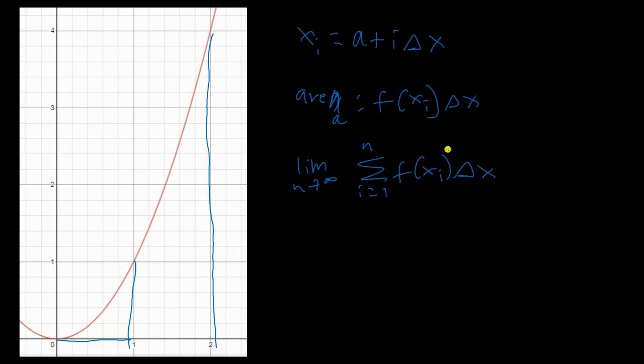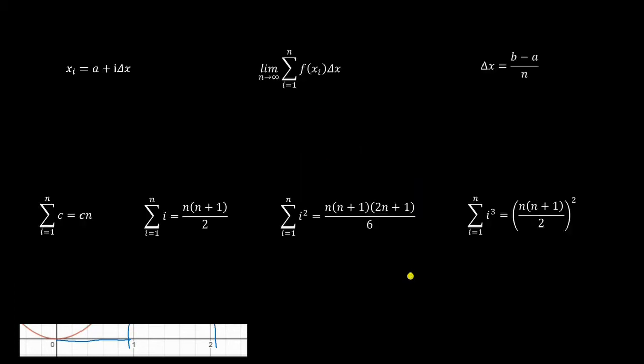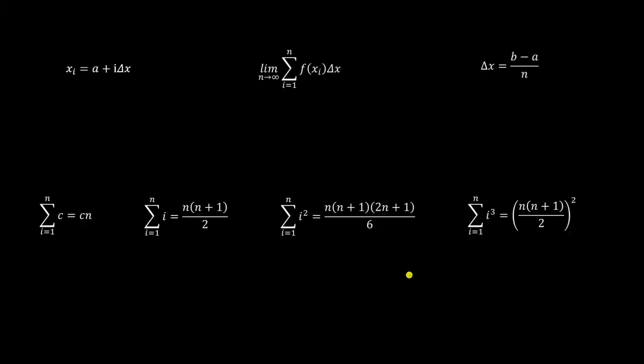And this is the exact area. This is also the limit definition of the definite integral. And then the delta x here is going to be my final point, b, minus my initial point a, over the number of rectangles. Here's a concise list of everything we said so far.